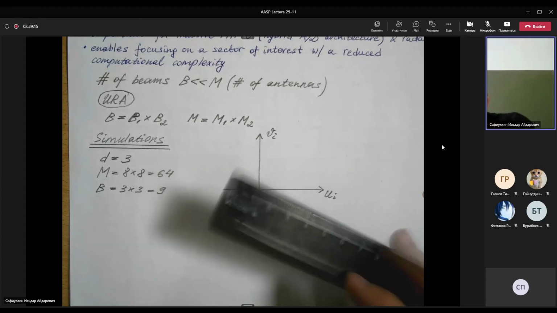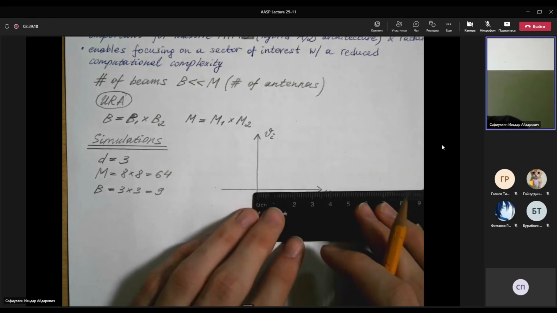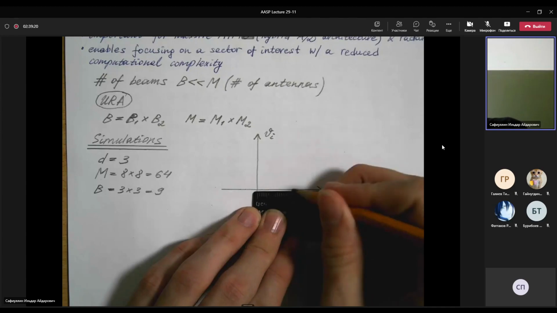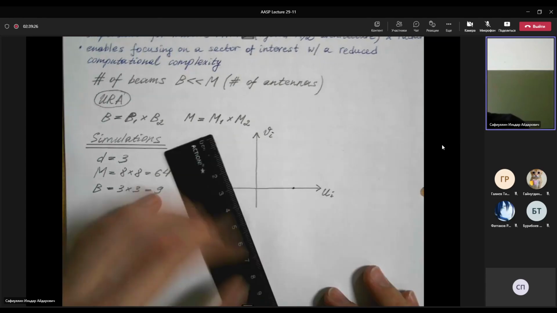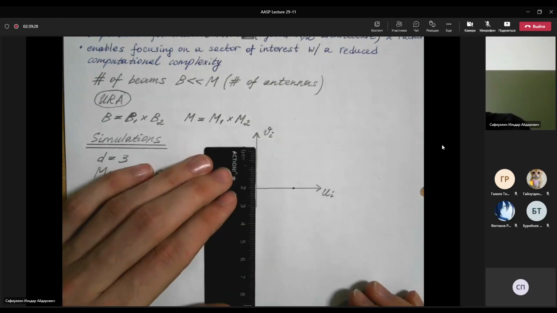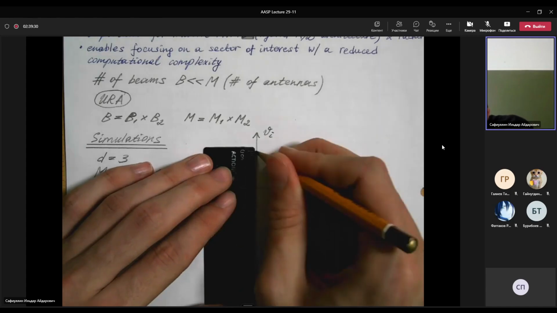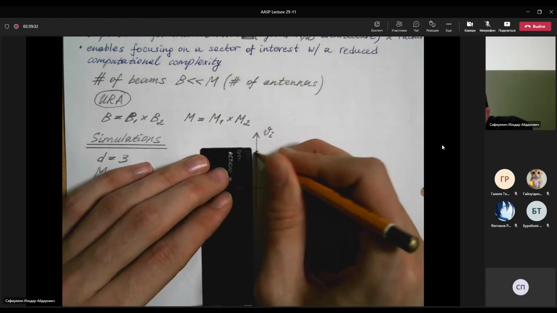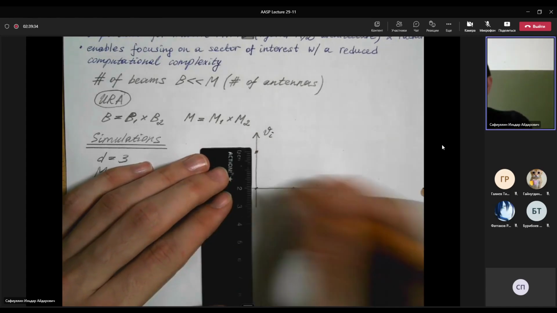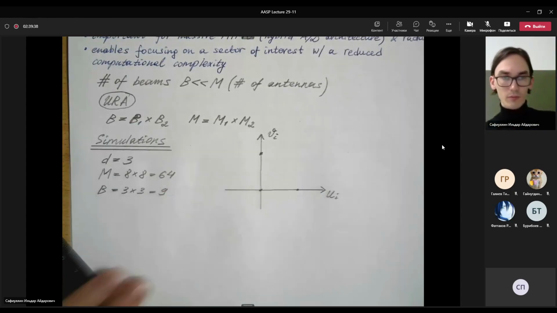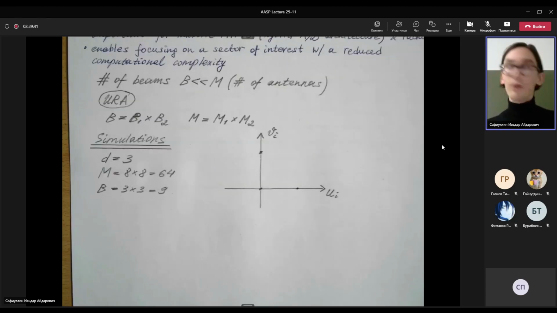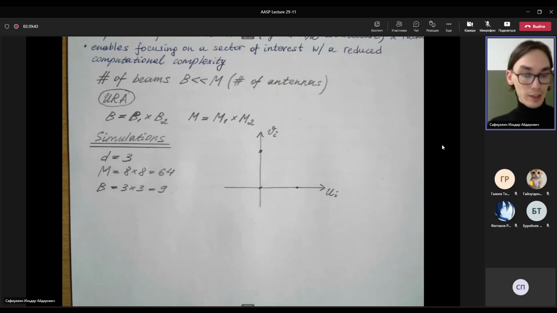And here we show this point, which is equal to 2 centimeters, and here also 2 centimeters, and also one point here.